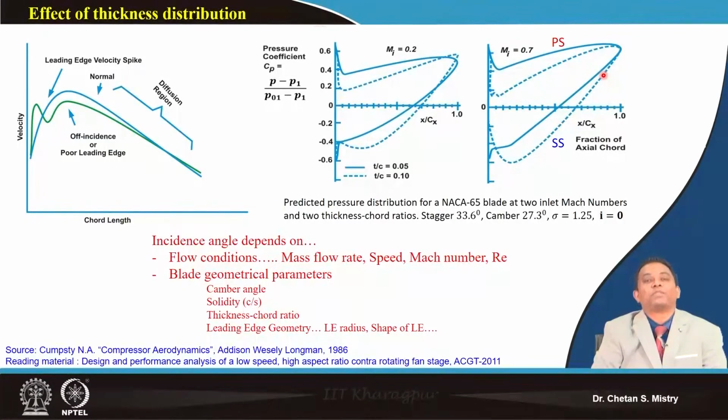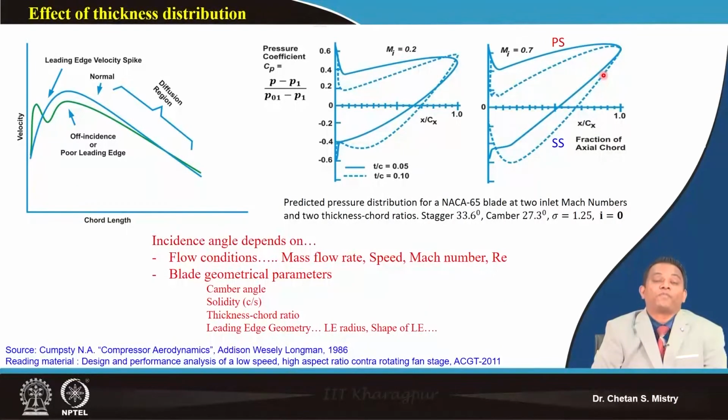It may be possible that my leading edge will become very thin, like transonic aerofoils or NACA 65 kind of aerofoils. Under that configuration, it will be very sensitive to the change of incidence.